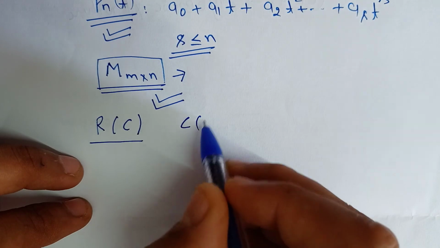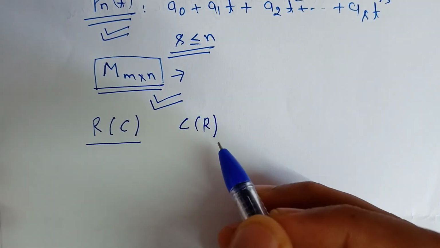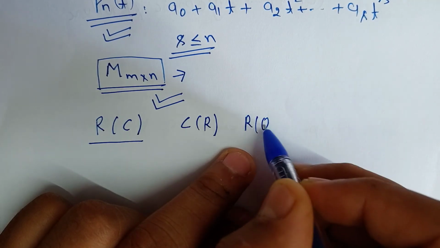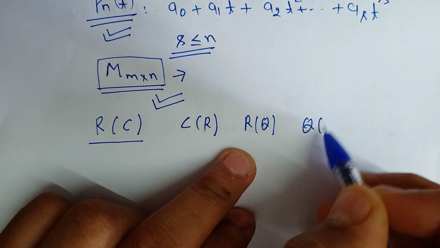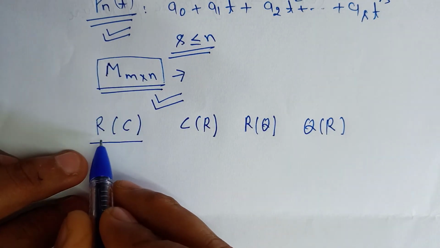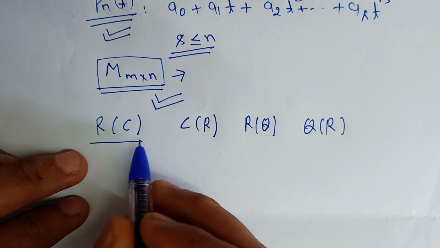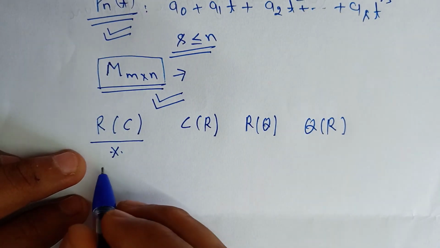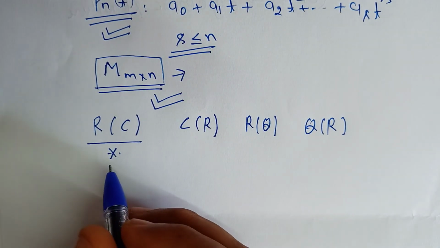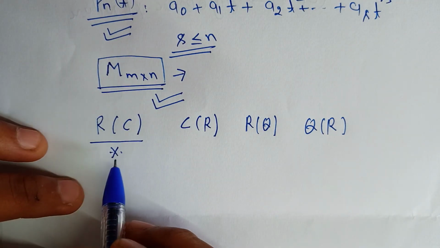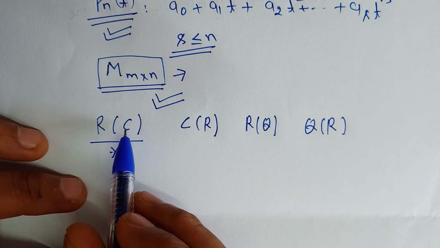R over C, C over R, and R over Q. First we see R over C. R over C is not a vector space. Why? Because scalar multiplication does not satisfy.